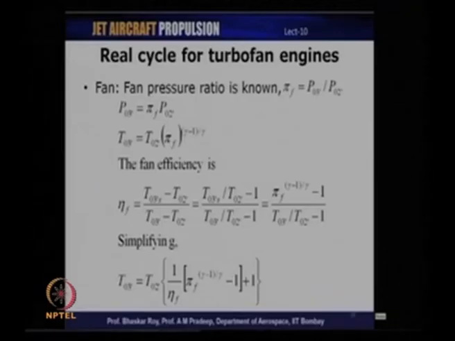So, fan efficiency we know is defined as (T03 prime s minus T02 prime) divided by (T03 prime minus T02 prime). So, if this is the efficiency, we can now relate the efficiency to the pressure ratio, which is pi f raised to gamma minus 1 by gamma, minus 1, divided by the temperature ratio.